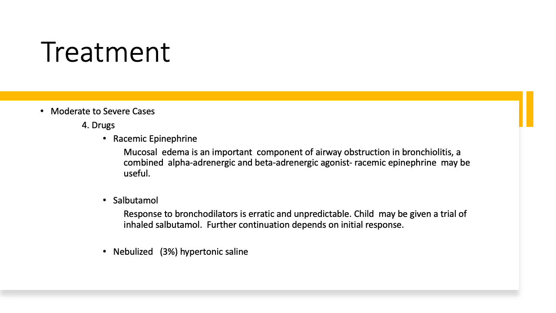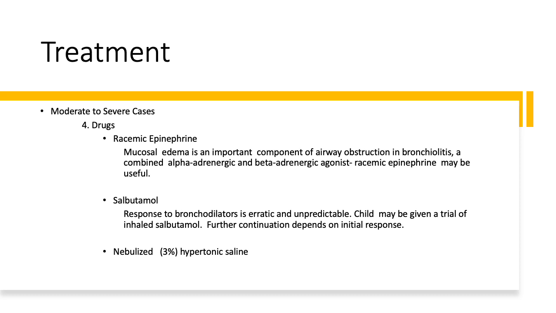Now coming to drugs. Most of the drugs which have been tried for acute bronchiolitis have not been proven to have a certain benefit in every study, so they may have some role that may vary on a case to case basis.